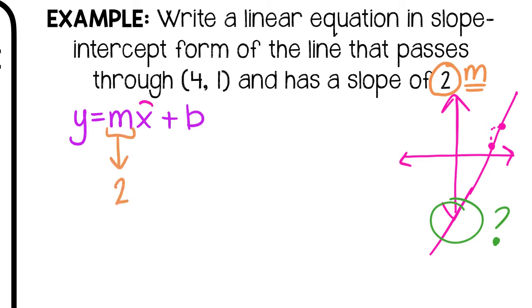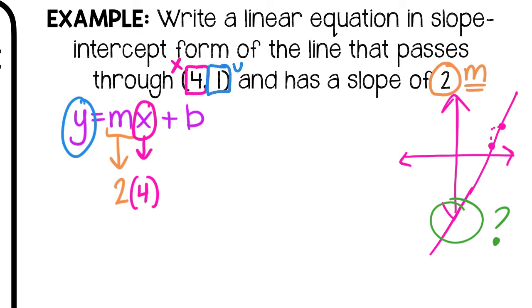And then instead of x and y, we're going to plug in the x value of the point that they give us, which is 4. So that's going to go in for x. I'm putting it in parentheses because we're supposed to multiply those. And then for the y value, we're going to use 1 because that's the y value. So I'm going to bring down the 1 and then put my equal sign. And then I'll just bring down the plus b because that's the only piece we don't know.